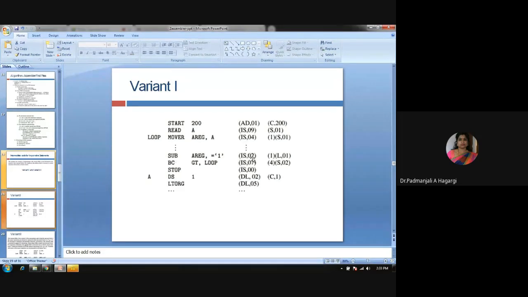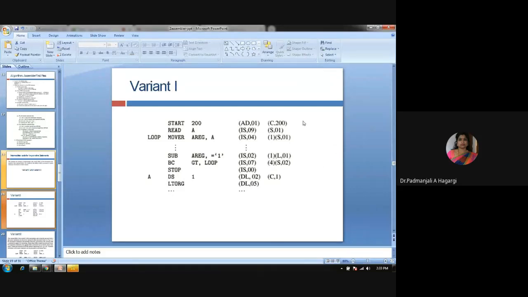Operand 1 is AREG, its value is 1, and operand 2, ='1', is a literal value, the first literal pushed onto the literal table, 01. With this we pick their code during object code generation.